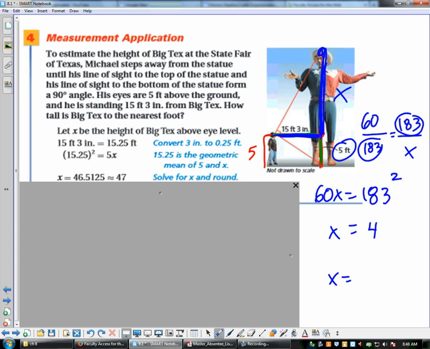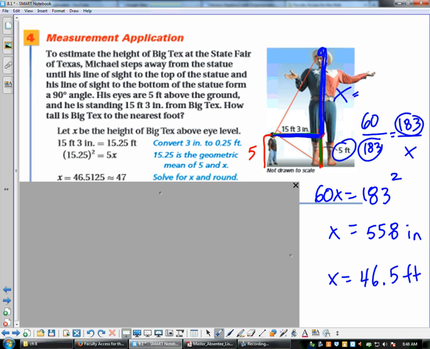Okay, 183 squared divided by 60 is 558. Then divided by 12 is 46.5 feet, or 558 inches, but that's just x, right?